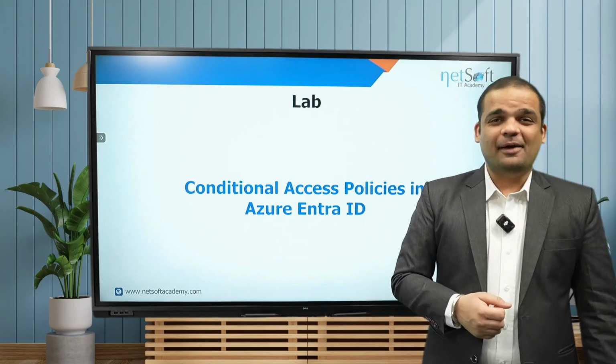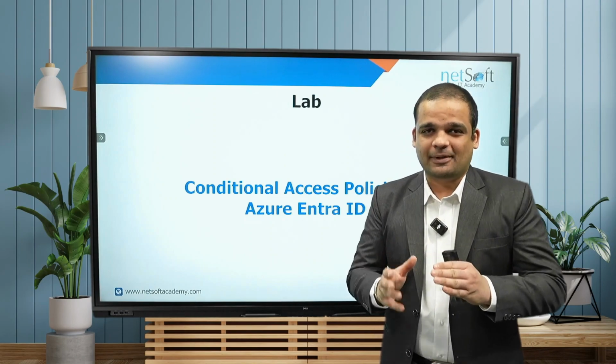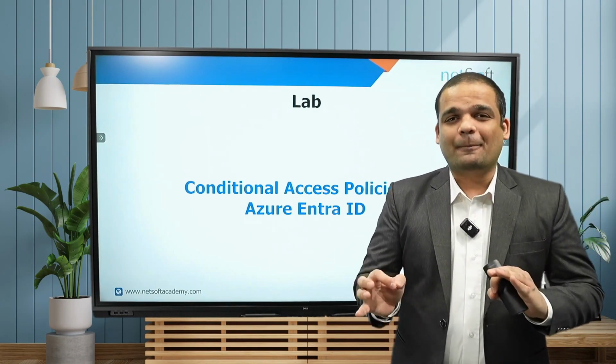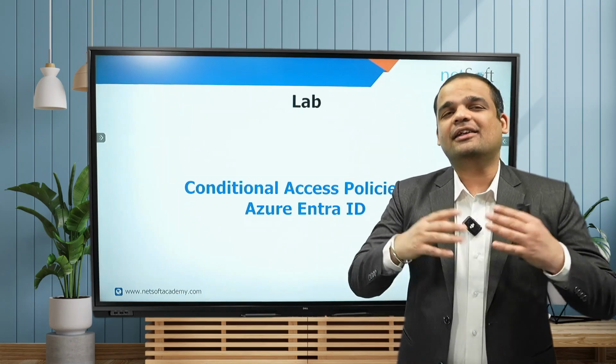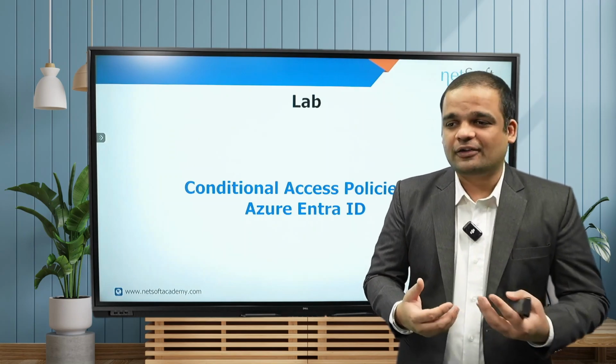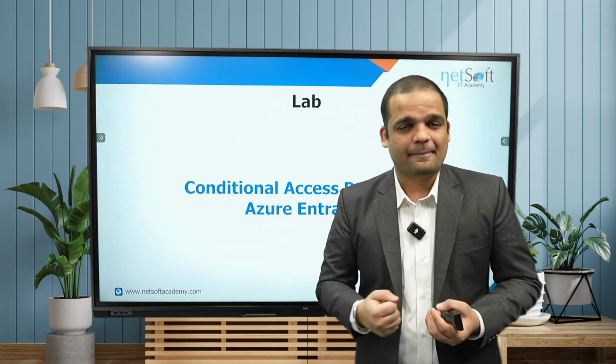Welcome back from the lab. Now, you know that conditional access policies can be applied from Entra ID. It is quite simple to actually apply. The only complex part is to understand your protocol, so understand the structure or the conditions you will use according to your organizational need.